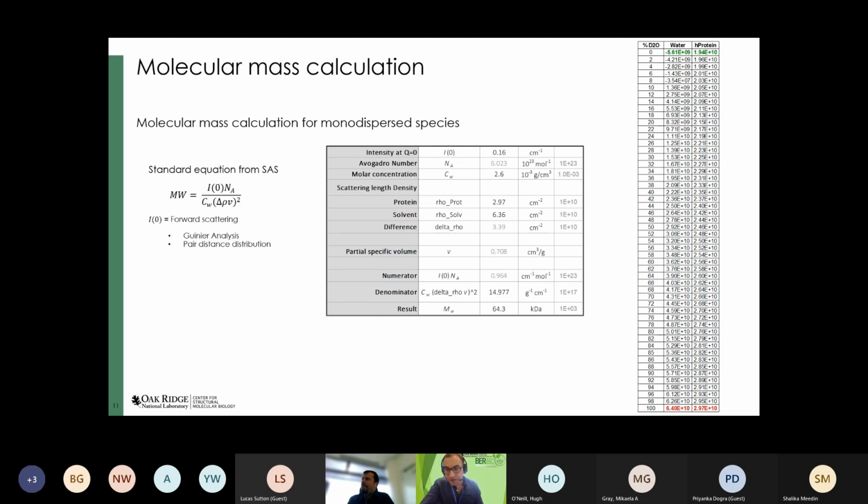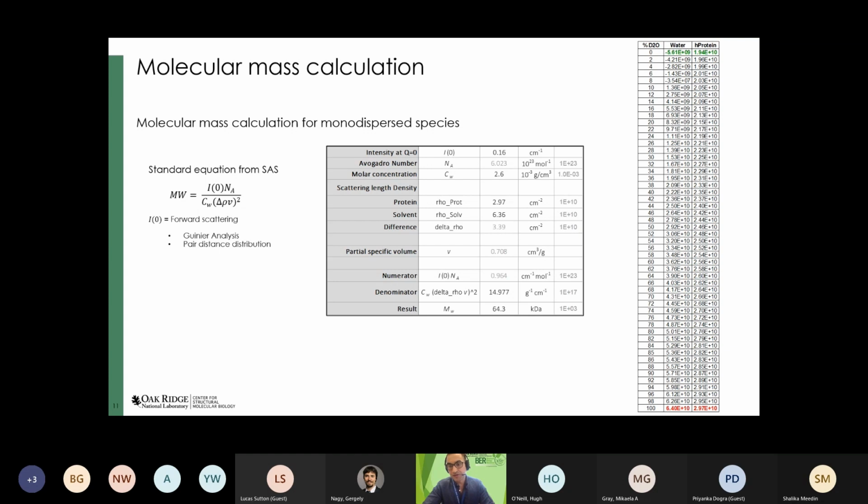If the molecular mass calculated from Guinier analysis is much lower than expected, what are some possible reasons? The first one that comes to my mind is, I think I need to know some details. Are you sure your molecular species is a monomer or a dimer?